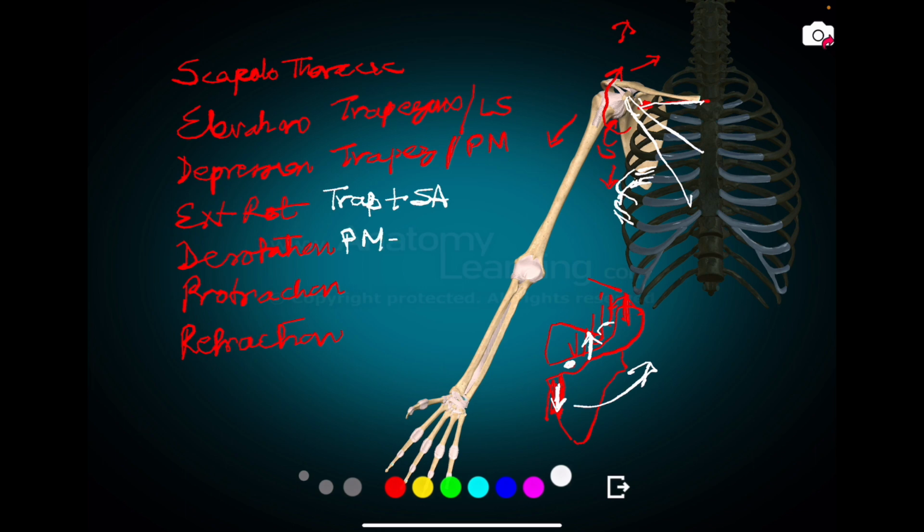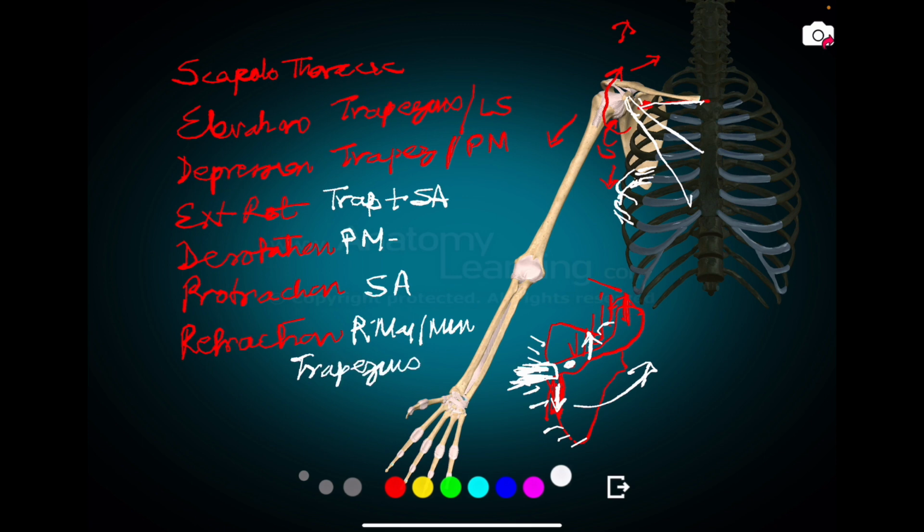Protraction, serratus anterior. Retraction by the rhomboideus major and minor, and medial fibers of the trapezius.